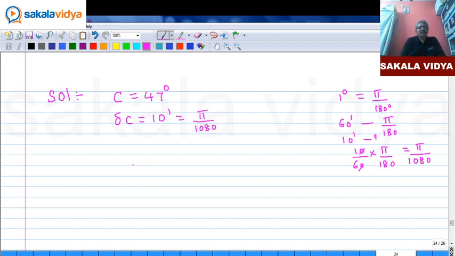This is error. Area is given by S is equal to half AB sin C. Apply log.